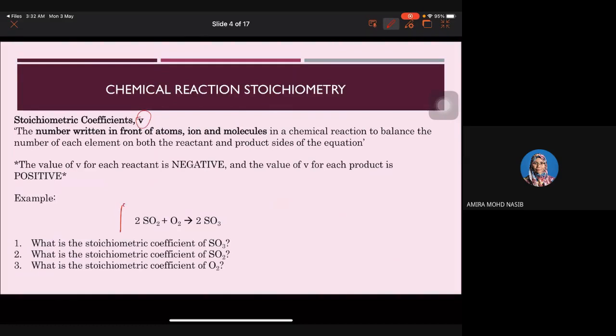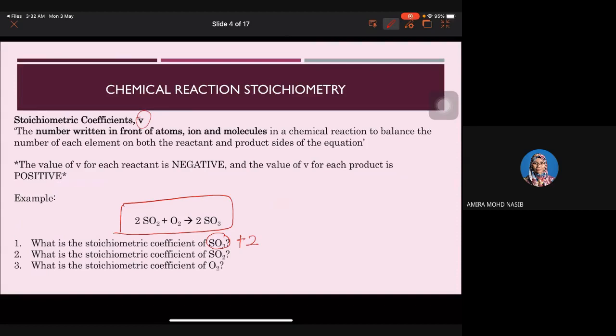So from this example, the stoichiometric coefficient for SO3, sulfur trioxide, is 2. Since this is a product of this reaction, the symbol should be positive 2.